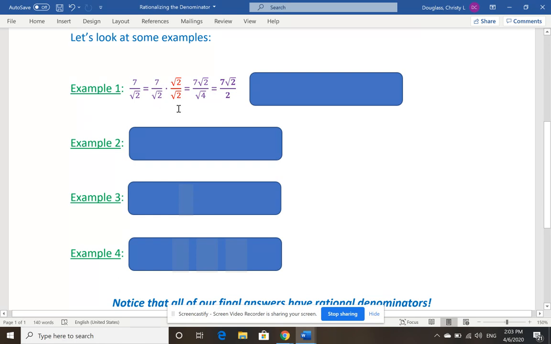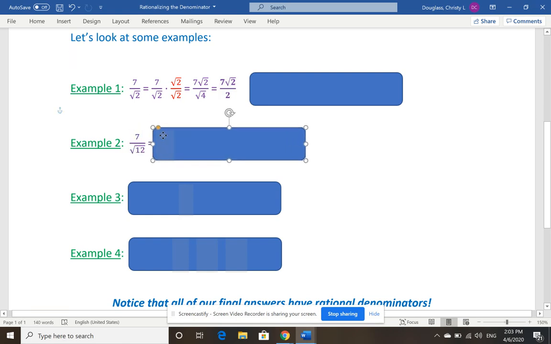However, in the denominator, when we multiplied the square root of 2 times the square root of 2, we could let those numbers do math together since they are both under the radical sign, okay? So our goal is to create a perfect square number in the denominator so that we can take the square root of it and eliminate the need for a radical sign. And that's what's known as rationalizing the denominator.